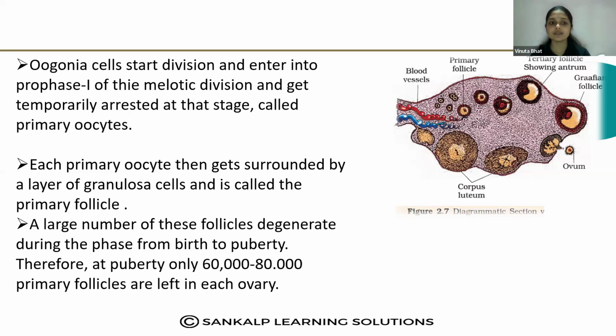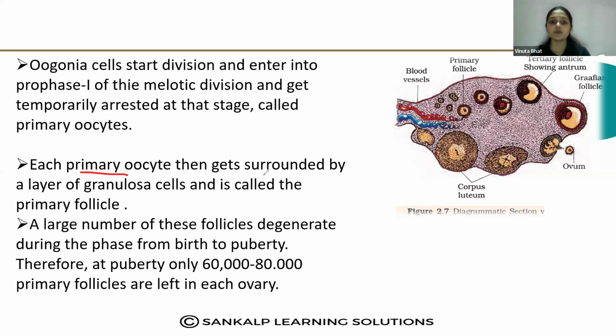That is the first step. Each oogonial cell that starts the division will become a primary oocyte, arrested at prophase 1.